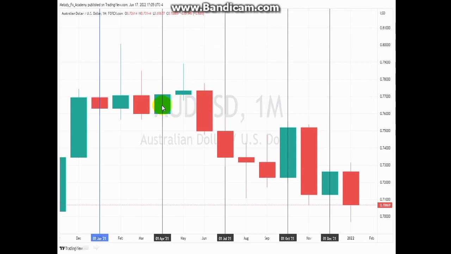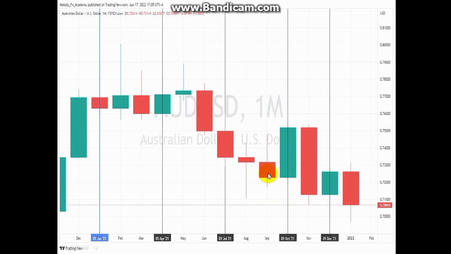And so now we had 1, 2, 3: April, May, June. So on the month of May we are expecting another possible market structure shift. So May, June, July, you can see the trend from April, May, June continued on May, June, July.